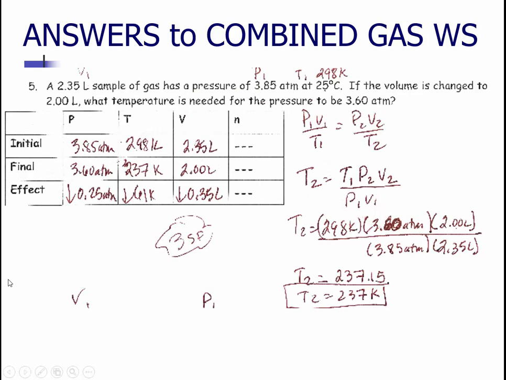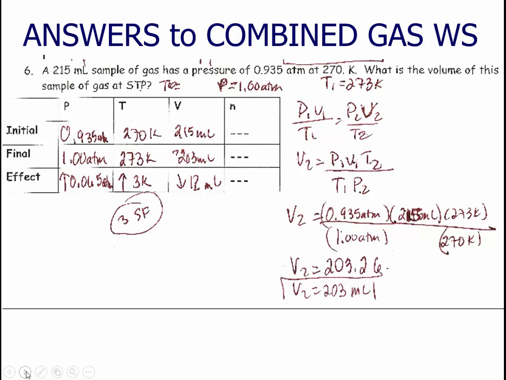For number 5, we were looking for the final temperature, and you should have gotten 237 Kelvin. Remember, no degree symbol with that, it's just K. And you should also have 3 significant figures in that problem. For number 6, we now have a volume that we're looking for, and that volume should be 203 milliliters.